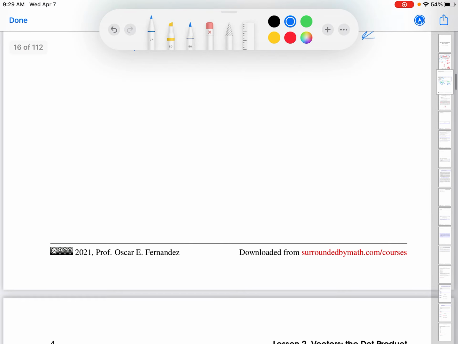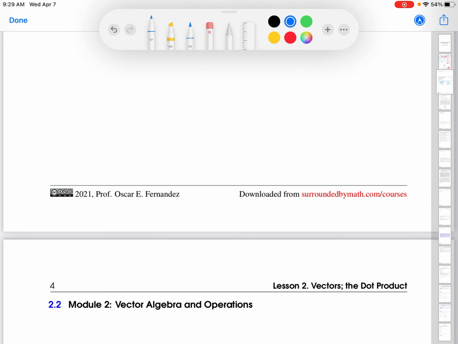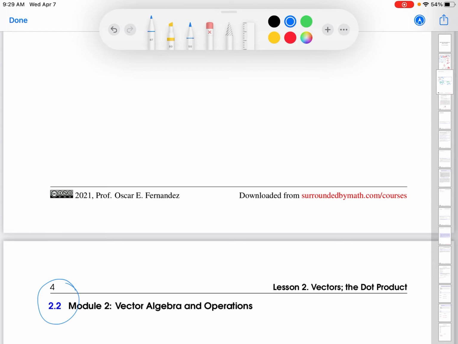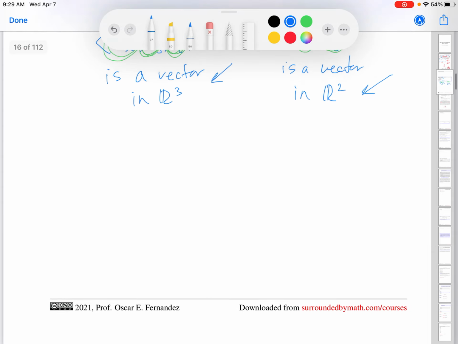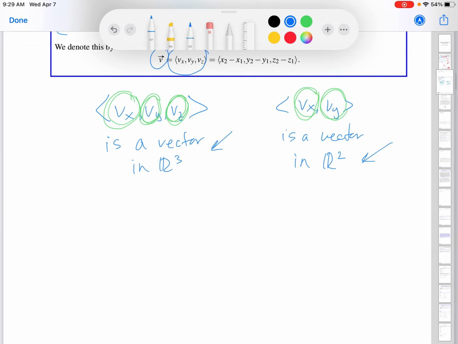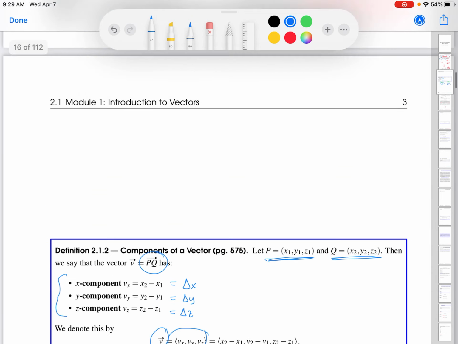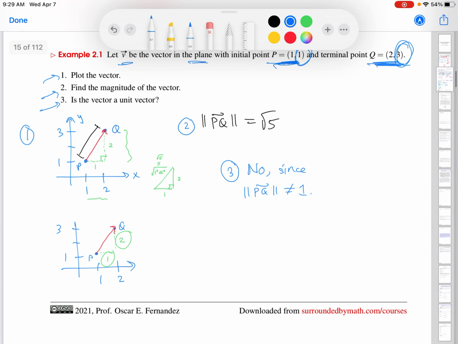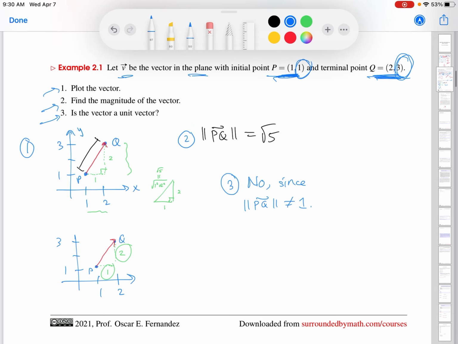Okay, great. So last little bit, the next video will cover module 2. Last little bit that I want to mention is to give you some examples of this component work in action. So let's go back to the example that we just did, 2.1, and then connect things with this component view. So the vector that we had obtained there is here.